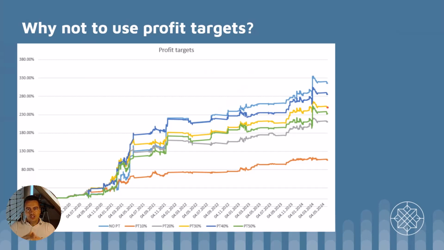Now to the question about profit targets, because we still have questions why we are not using profit targets, and that if we would use profit targets, especially in these periods, we would make more money on trend strategies.